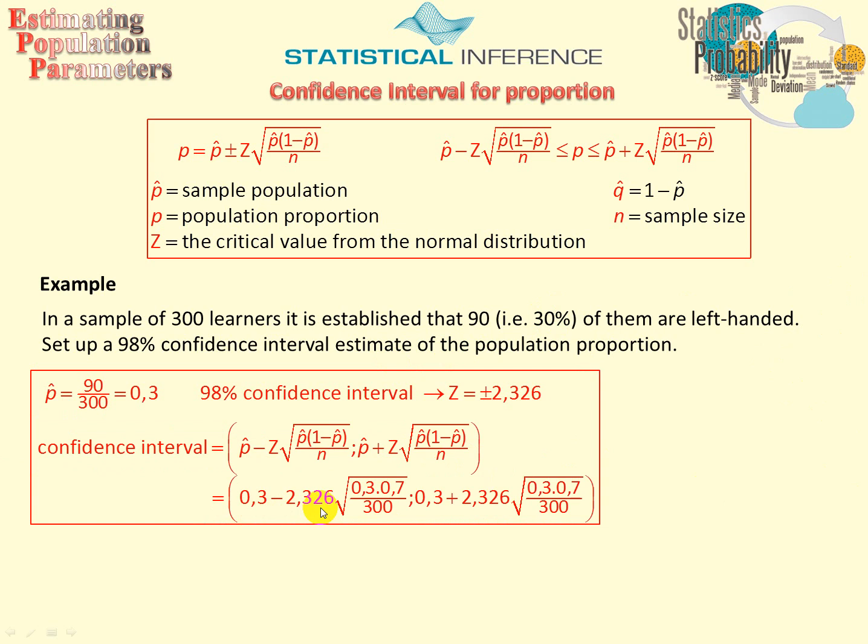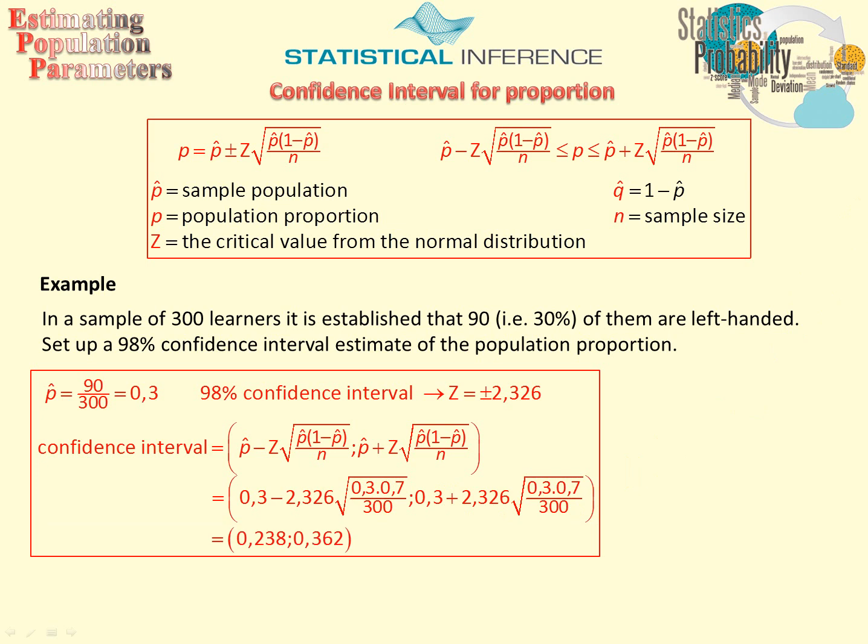P hat minus the Z-score, 0.3 times 0.7, success failure, over 300, because that's the sample size, and same there, and there's our answer, which means that we can say we are 98% sure that between 23.8 and 36.2% of the population are left-handed.